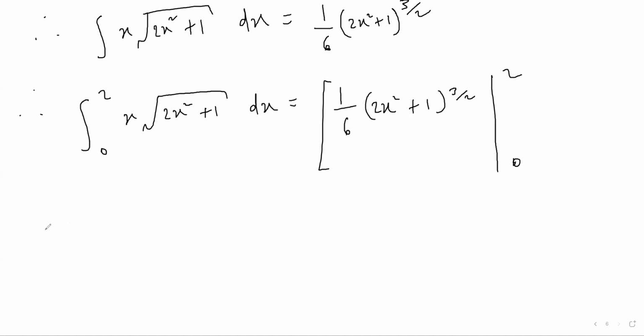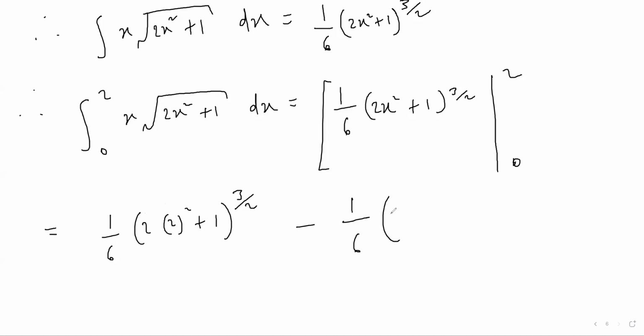So this is 1 over 6 multiplied by 2 times 2 squared plus 1 to the power of 3 over 2, minus 1 over 6 multiplied by 2 times 0 squared plus 1 to the power 3 over 2.